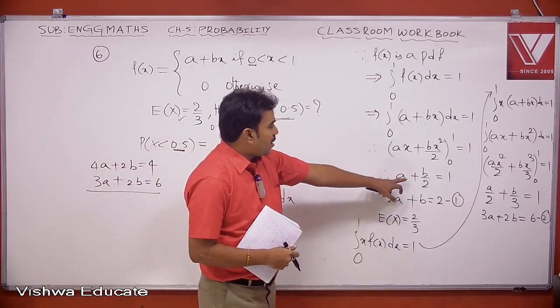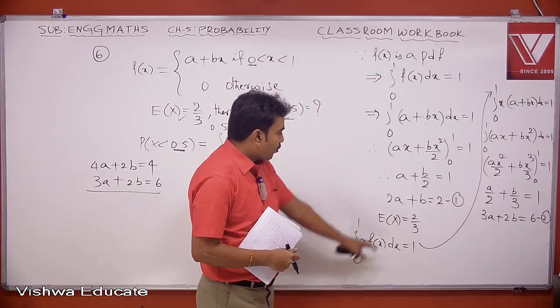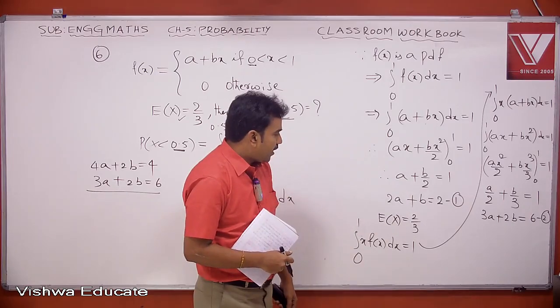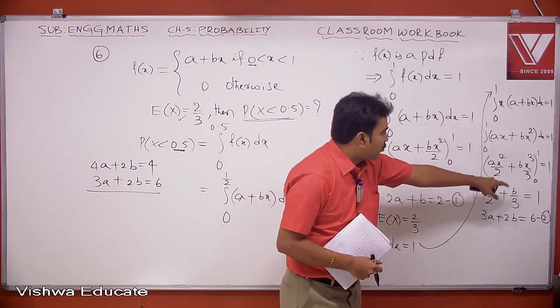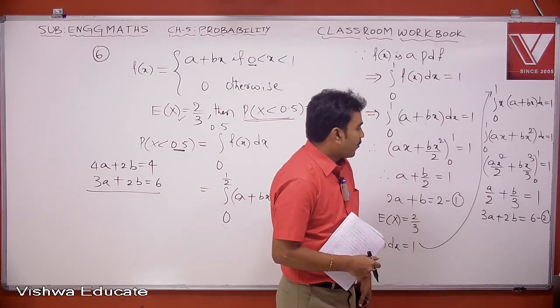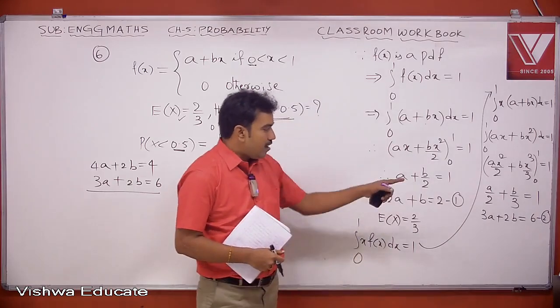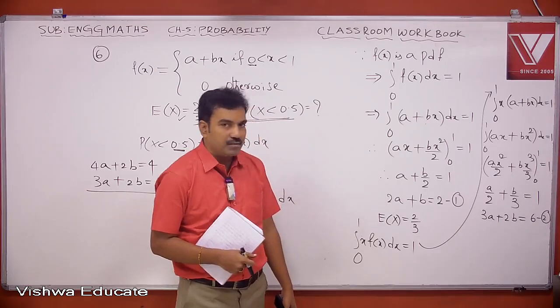This is a plus b by 2 equal to 1. So, this is 2a plus b equal to 2. So, second equation is ax square by 2 plus bx cube by 3, limits are from 0 to 1. So, a by 2 plus b by 3 is 1. LCM is 6. When you multiply with 6, you will get 6a plus 2b equal to 6.